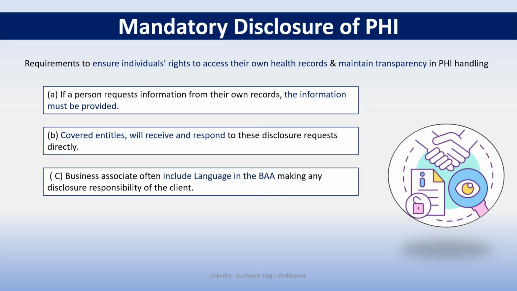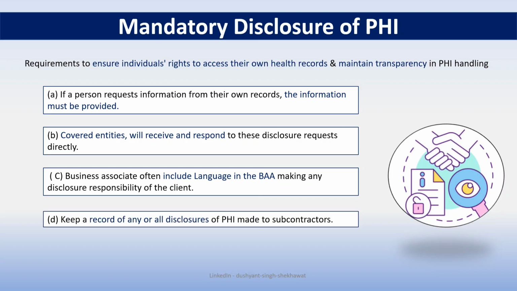Business associates often include language in the business associate agreement making any disclosure the responsibility of the client. Because covered entities are directly dealing with the PHI, disclosure requests come directly to them. So business associates often include in the agreement that any disclosure is the responsibility of the client, who is the covered entity, right? Keep a record of any or all disclosures of PHI made to subcontractors.